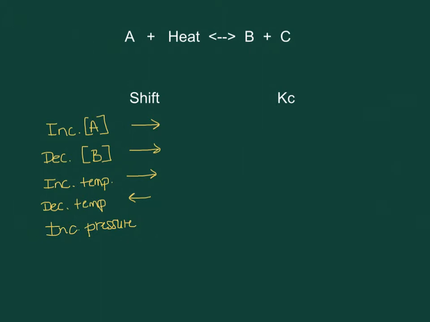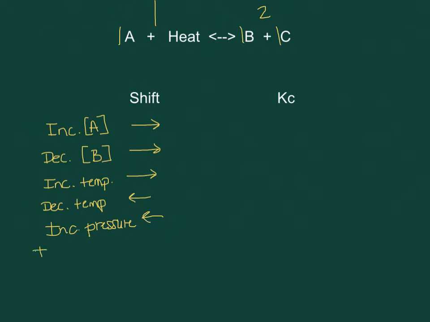So on my reactant side, I only have 1 mole of A. Over on my product side, I actually have 1 mole of B and 1 mole of C, so for a total of 2 moles. So if I increase the pressure, my reaction is going to shift in the direction that produces the fewest amount of moles. So it's going to shift towards the left.